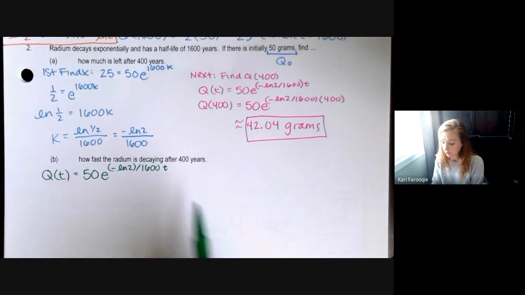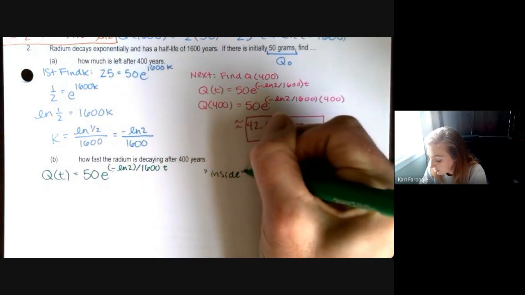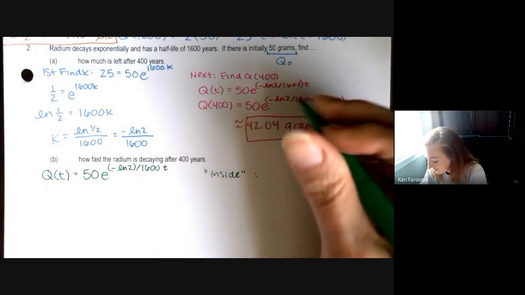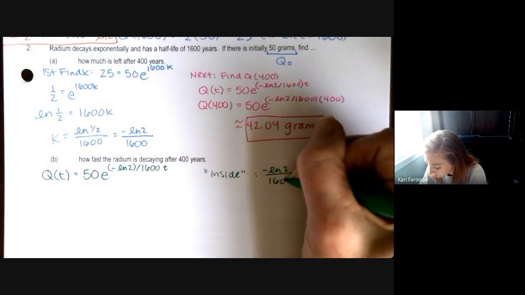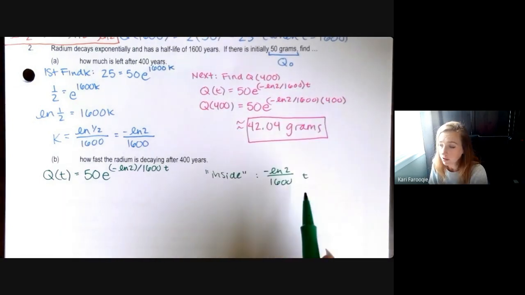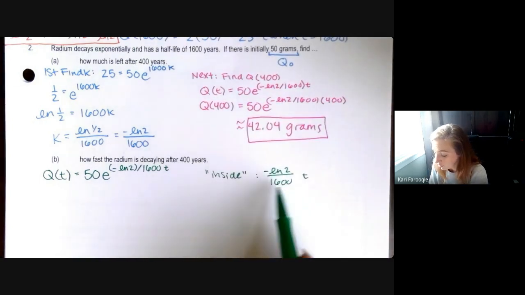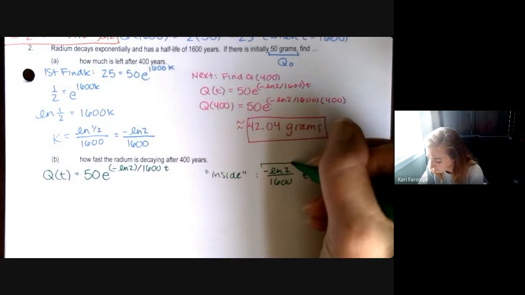The inside function here, since maybe it's been a few days since you've done these, is negative ln 2 over 1600 t. Its derivative is just the constant multiple that's in front of it. So I know it looks weird just because there's so much going on, but this is just the constant.